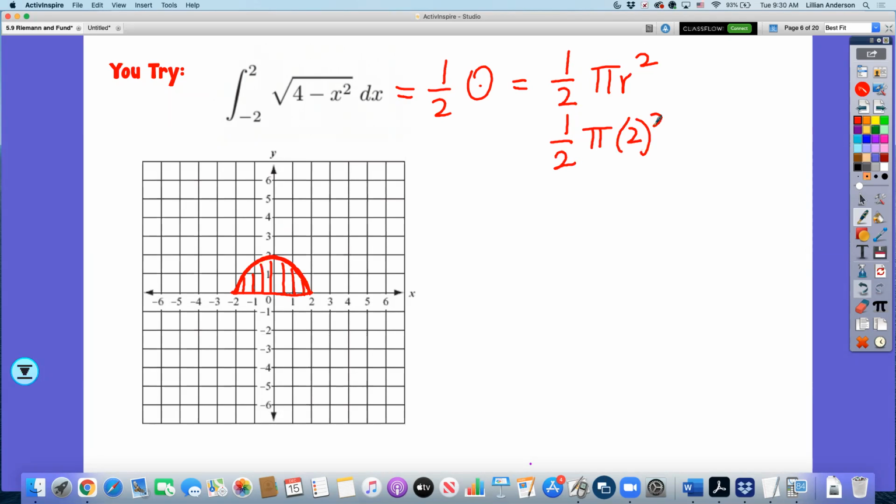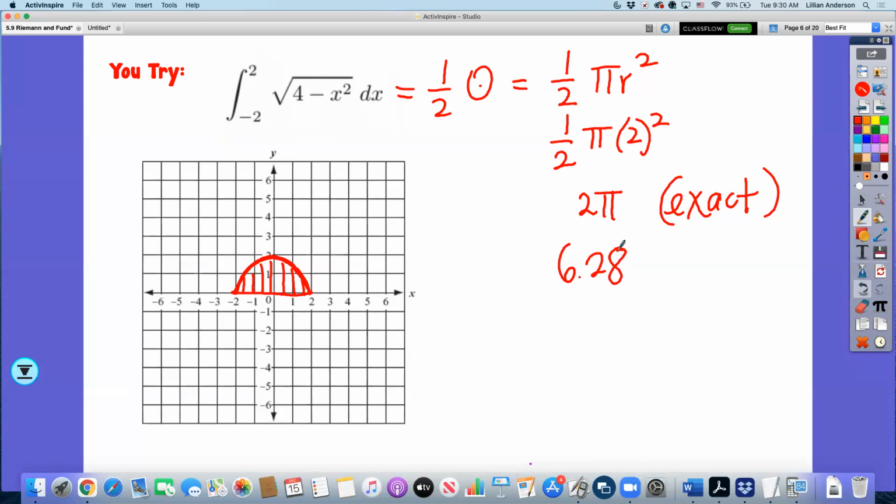So 2 squared is? 4. Half of 4 is? 2. 2 pi would be considered the exact area because it's not rounded. But if I did round this to 3 significant figures, what would it be? 6.28. So then that would be the area underneath the curve.